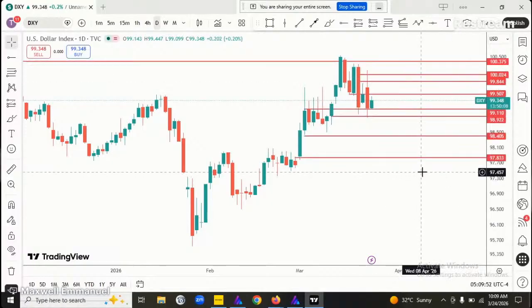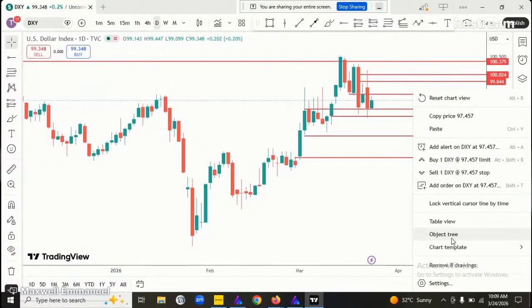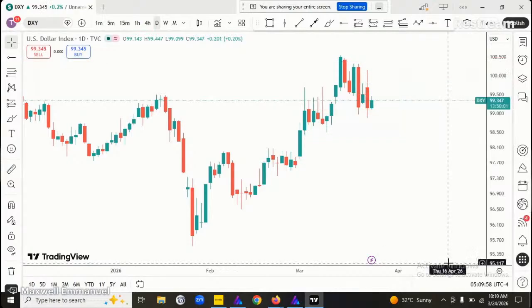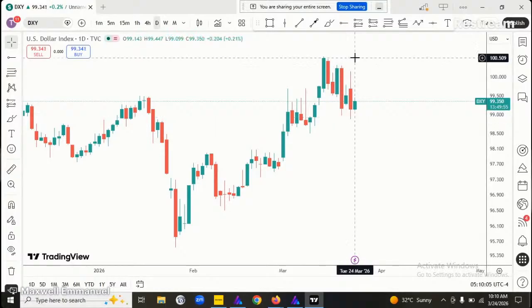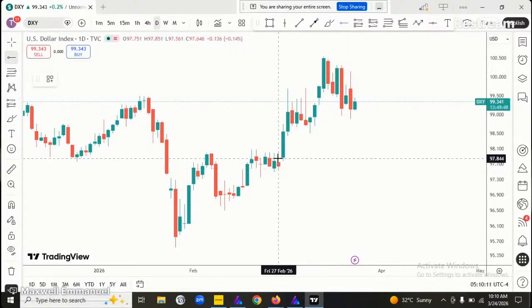Okay, dollar. With what I see on the dollar, I think the dollar is bearish. We had a high, we had a low, we had a high, we had a low, we had a high, we had a low. So I think dollar is going to create a new low and probably would come through this fair value gap.